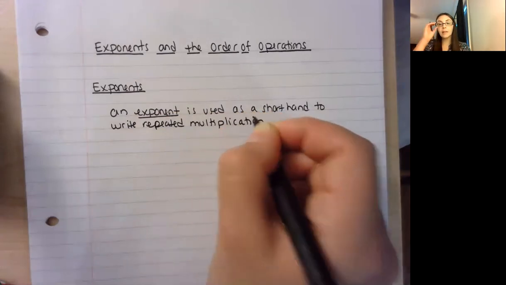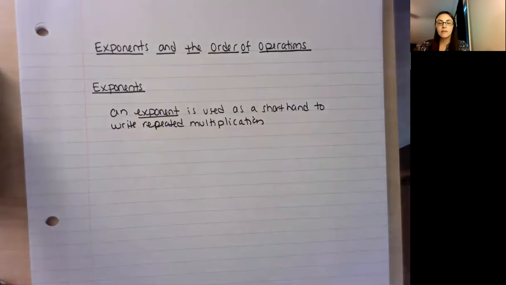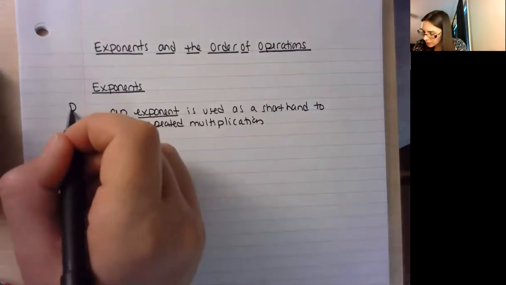So we've already seen that multiplication is repeated addition, division is repeated subtraction, but exponents are repeated multiplication. So here are some, again, definitions to kind of think of here.